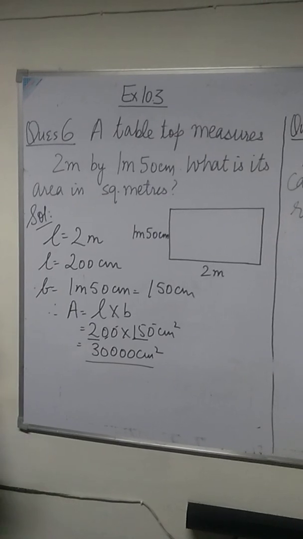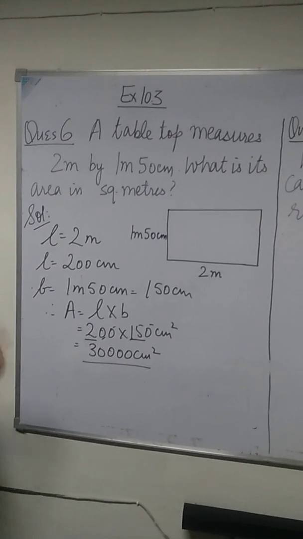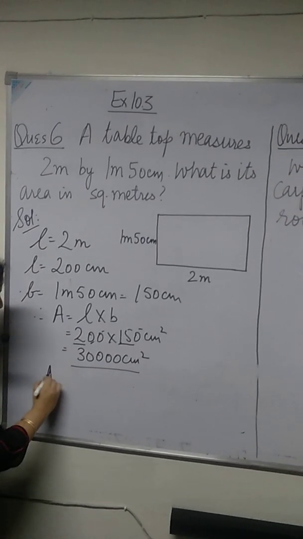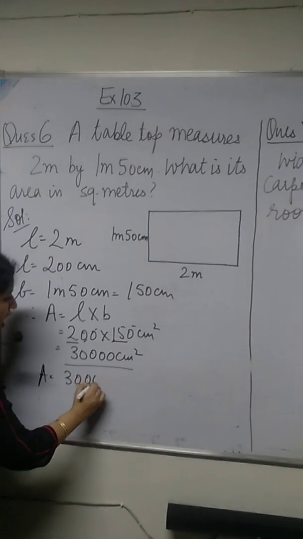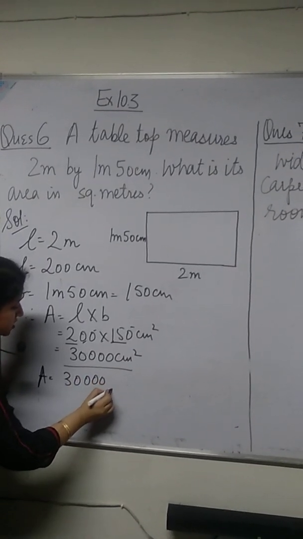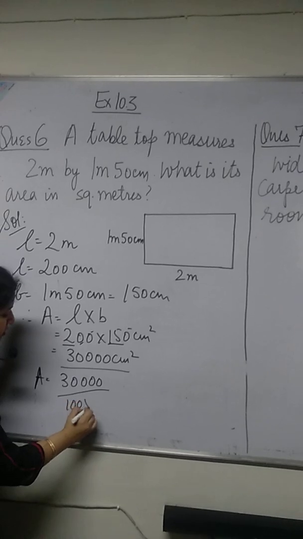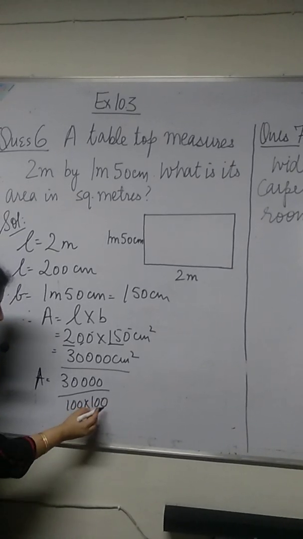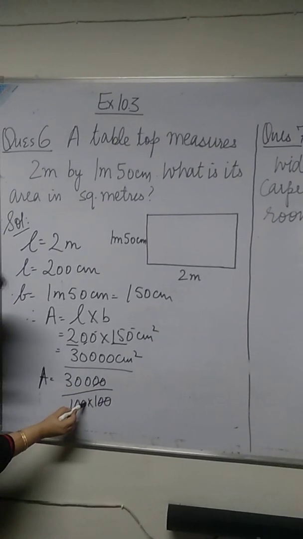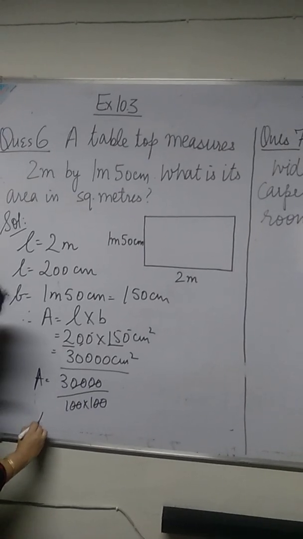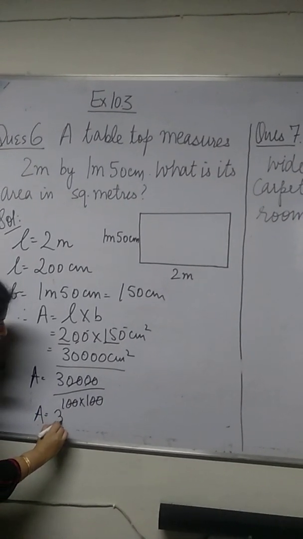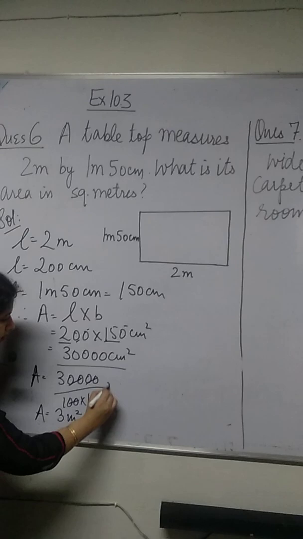Then we are going to convert it into meter square back. As in the previous question, we have divided it into 100 into 100 because we are going to convert it into meter square. So 2 zeros cancel and these 2 zeros also cancel. So area will be equal to 3 meter square.